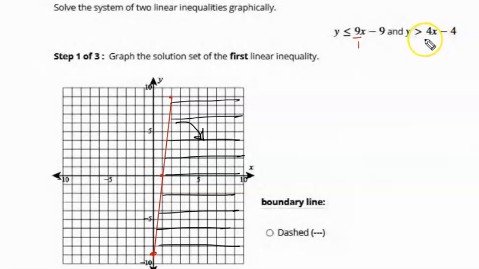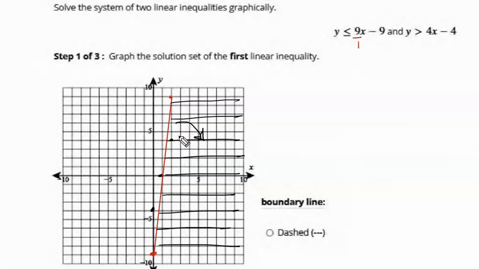And this one now is y is greater than this. And our y-intercept is at negative 4, which is right there. So over 1, up 4, over 1, up 4.